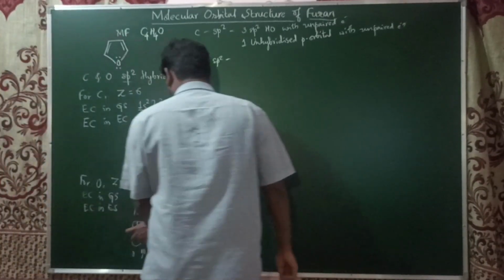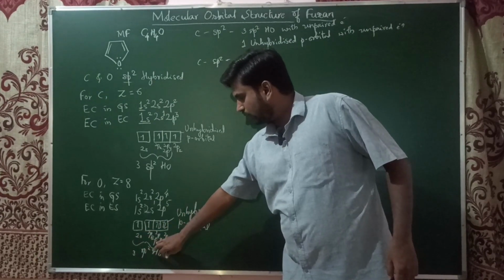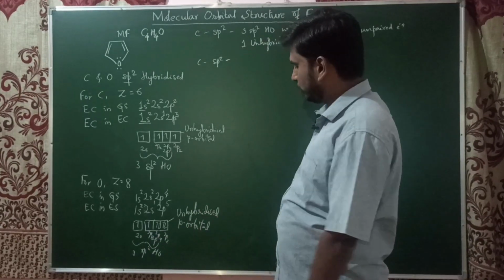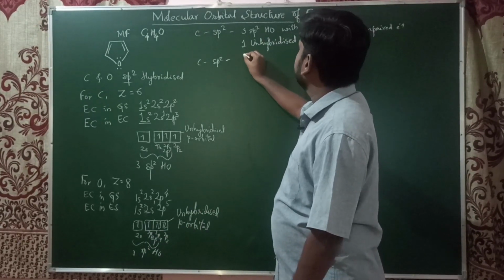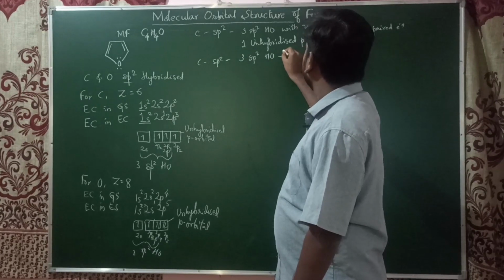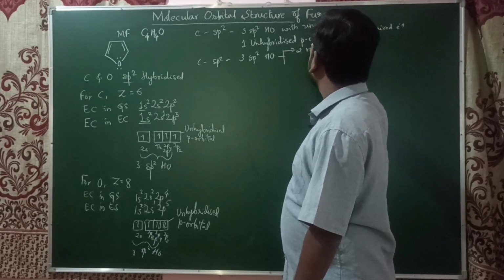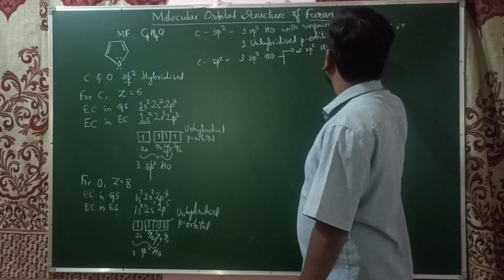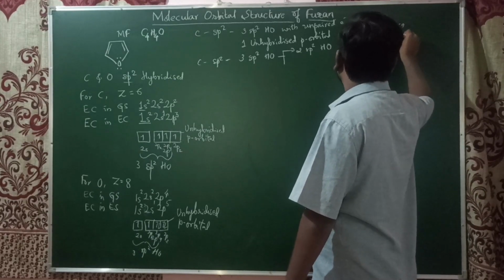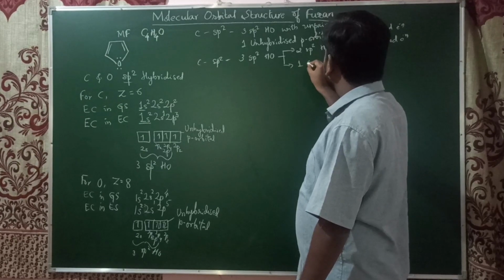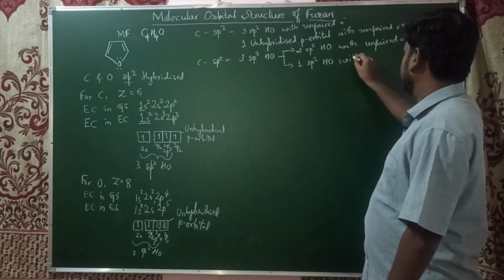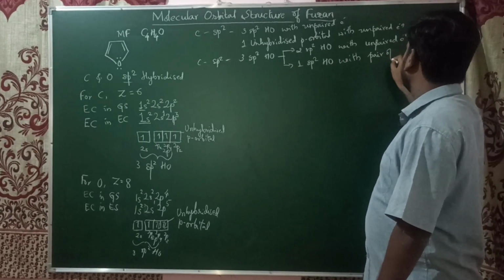For oxygen, that is also sp2 hybridized. Here you can see among the 3 sp2 hybrid orbitals, 2 sp2 hybrid orbitals have an unpaired electron, and one of the sp2 hybrid orbitals contains a pair of electrons.